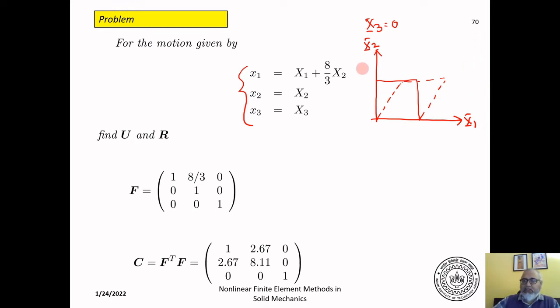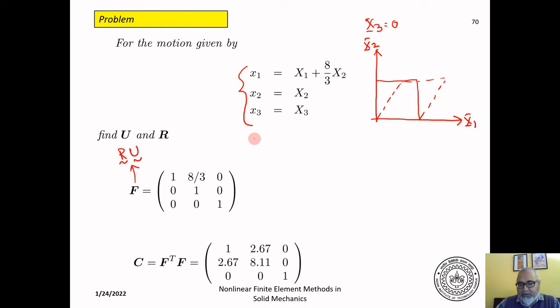Now for this case, it's easy to find the F, and now we want to split F into R times U. So we want to do a polar decomposition of F, so we have to find R and U. In order to find them, we first try to find U. How do we try to find U?